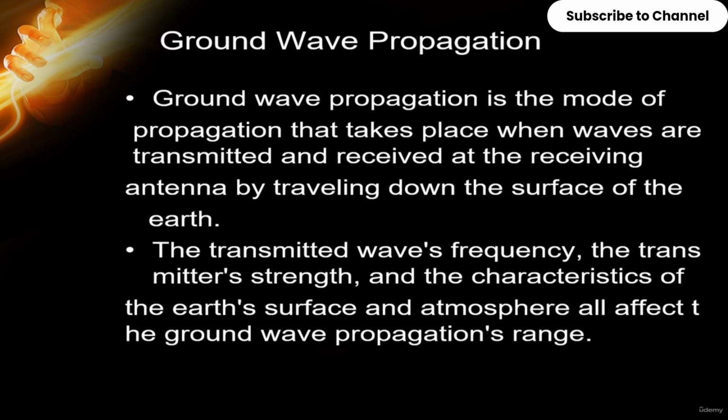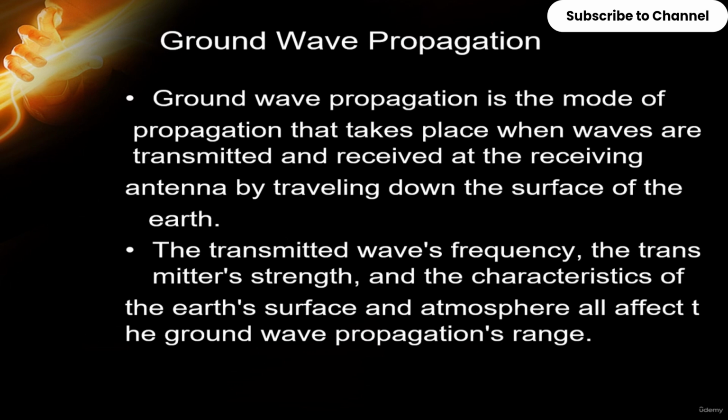Then we will see ground wave propagation. Ground wave propagation is used at ground level, where the transmitted wave's frequency, strength, and characteristics depend on the earth surface and atmosphere, such as building heights, and how the communication takes place.